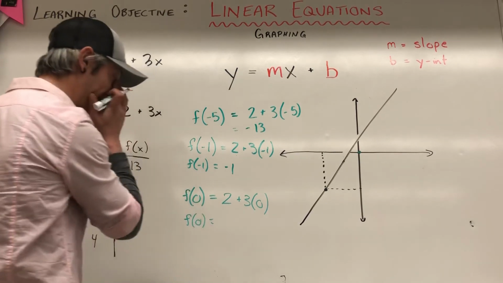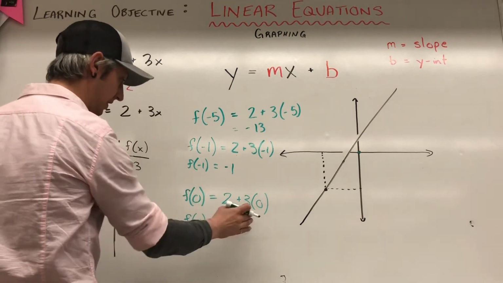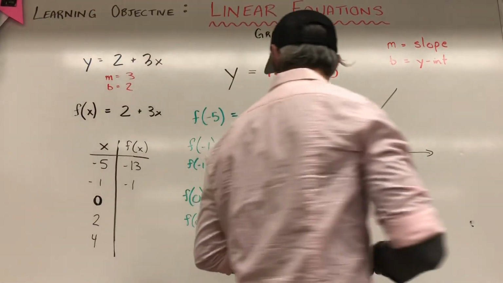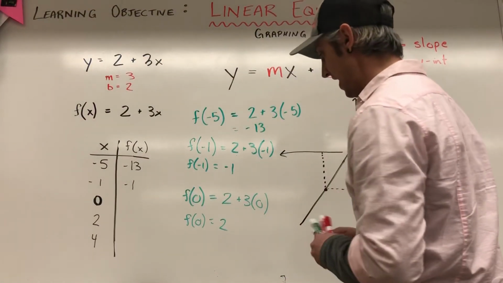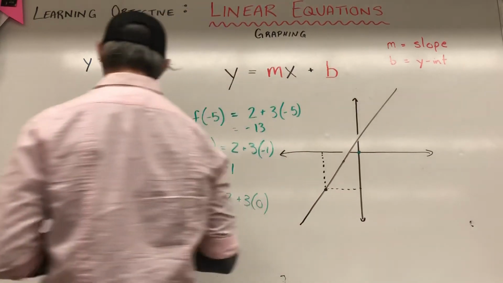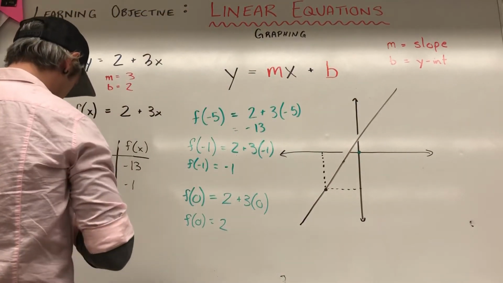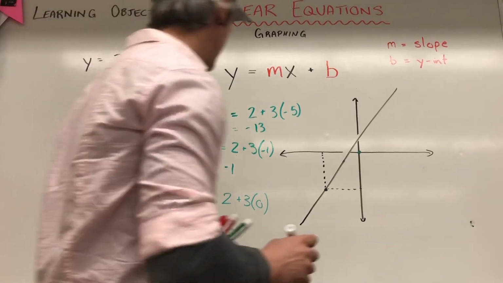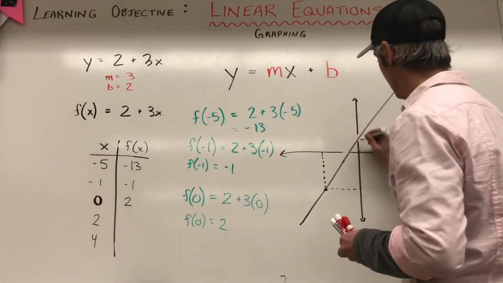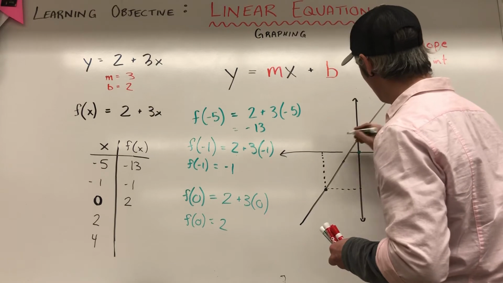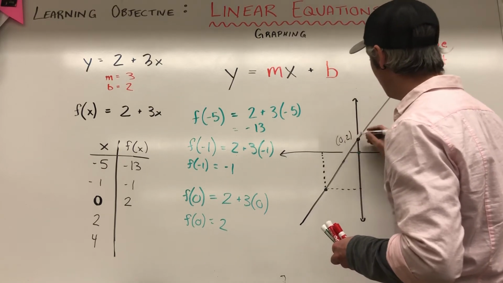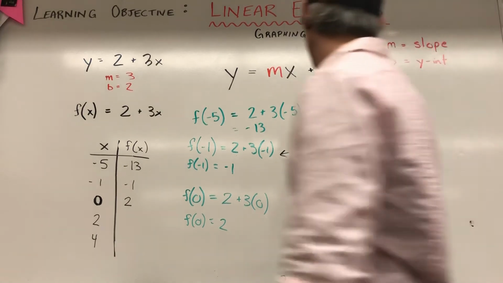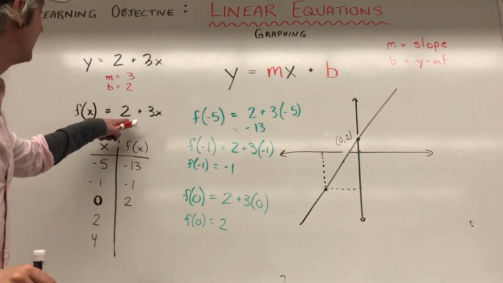My output when my input is 0 is 2 plus 0, so 2. So that means that at x is 0, I have y is 2. That's the point 0, 2. And this is also my y-intercept right here, which is expected, right?